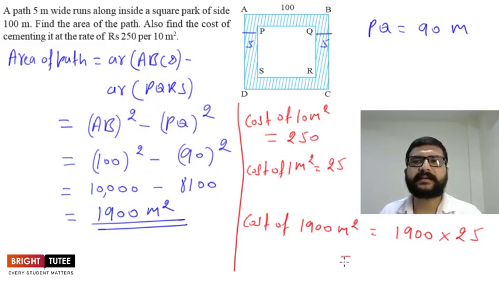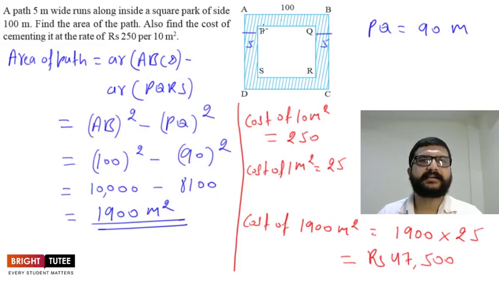Now what is 1900 into 25? We know how to multiply two numbers. So by multiplying them we will get rupees 47,500. So this is the cost of cementing the shaded region or the path.